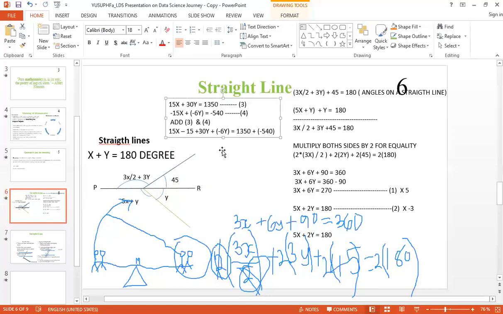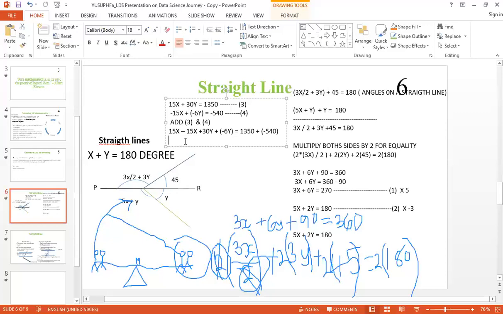Now looking at that, what is 15x minus 15x? You have 15 naira, and you are owing another person 15 naira. By the time you pay out that 15 naira, what will you have left?